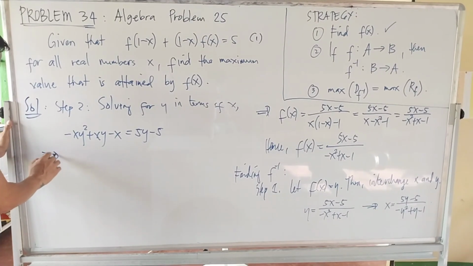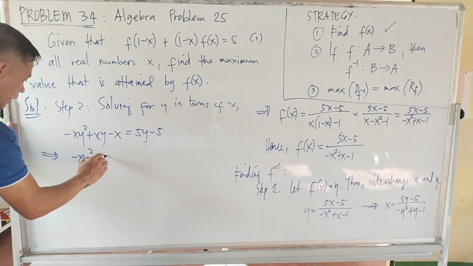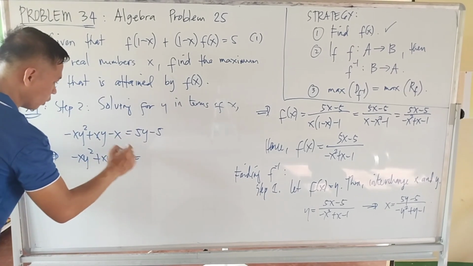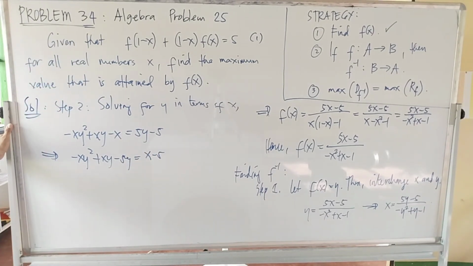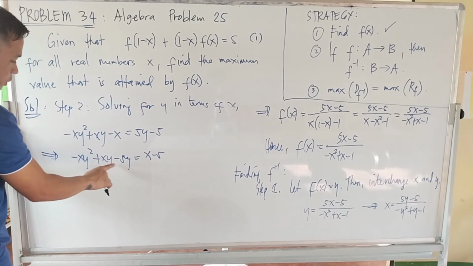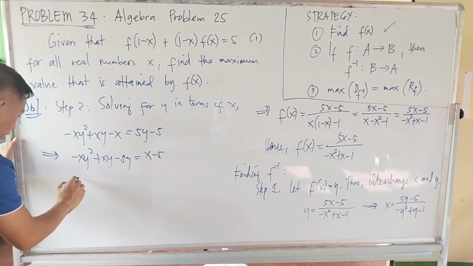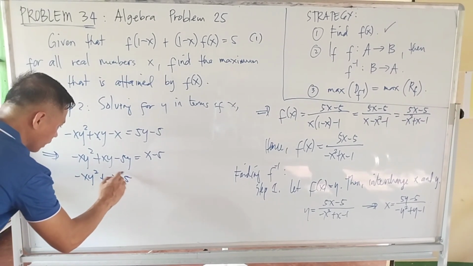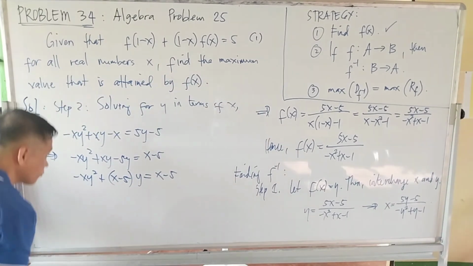This follows that we have negative xy squared plus xy, so this one will become negative 5y, is equal to, this one would be positive x minus 5. Then, we're going to factor this expression and this expression because they have a common factor which is y. So we now have negative xy squared plus x minus 5 quantity times y is equal to x minus 5.